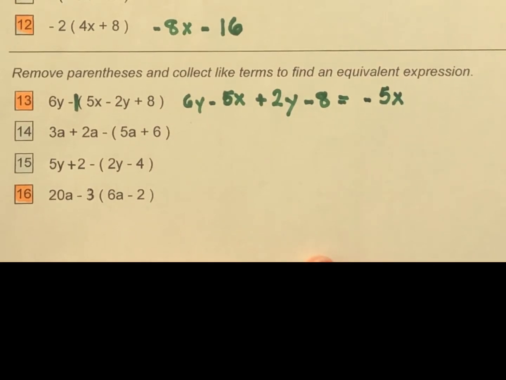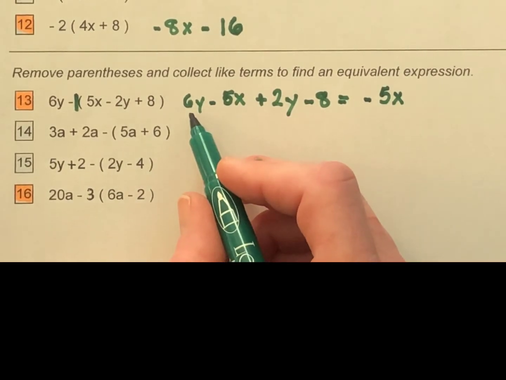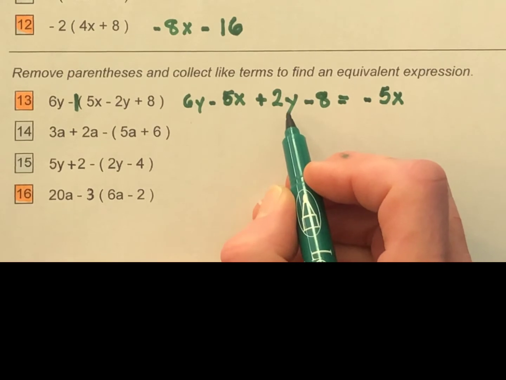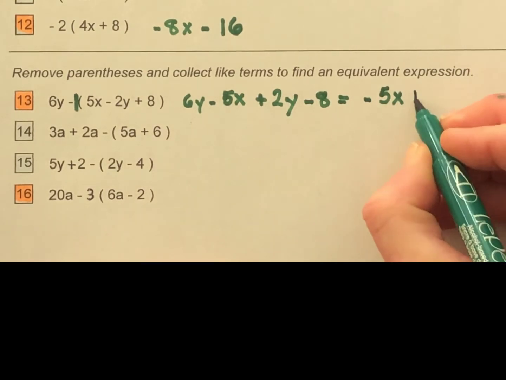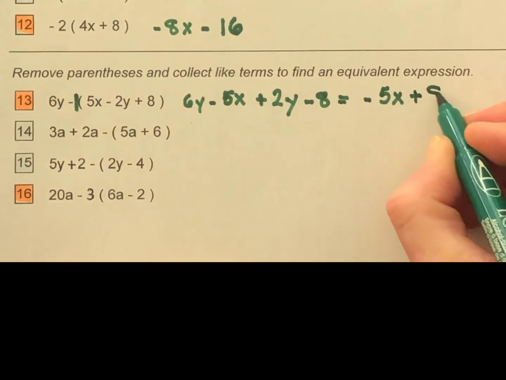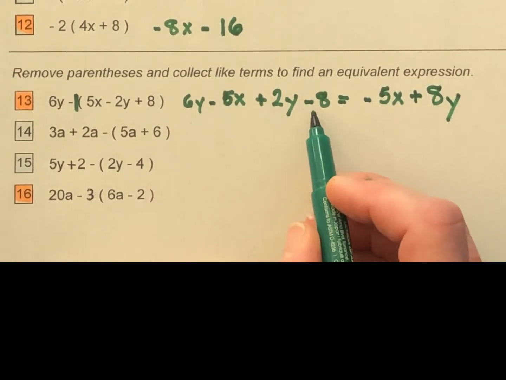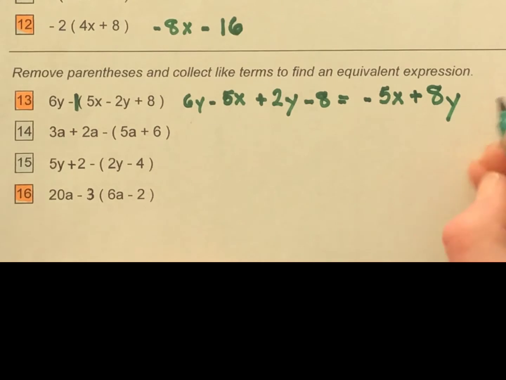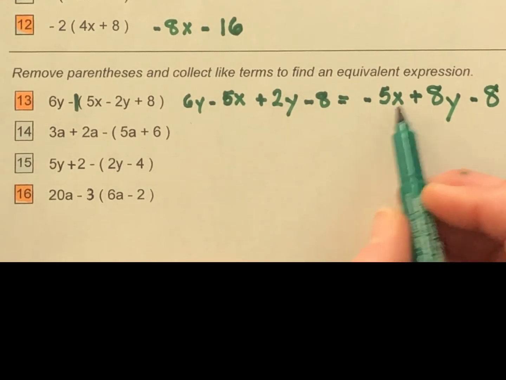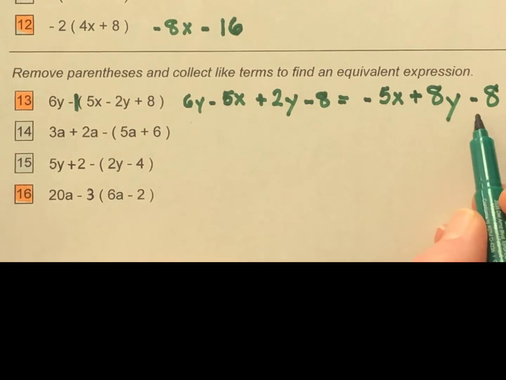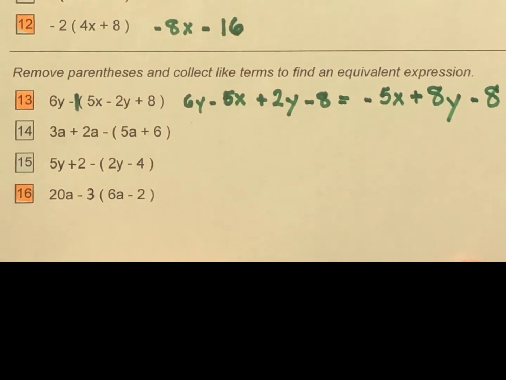And then my y's, 6y plus 2y, be positive 8y. And then my constant is -8. There we go. -5x plus 8y minus 8. There you go.